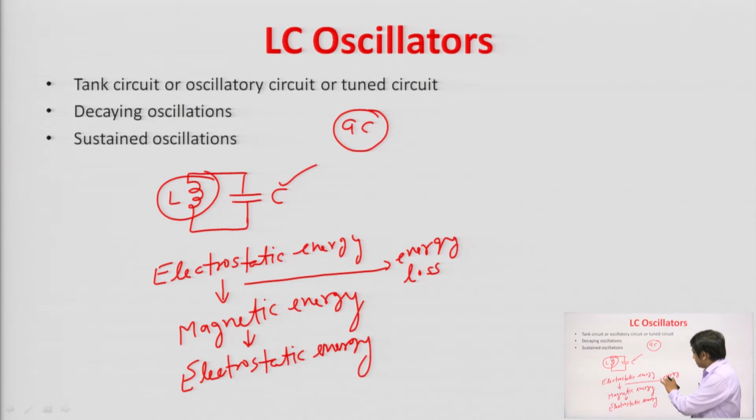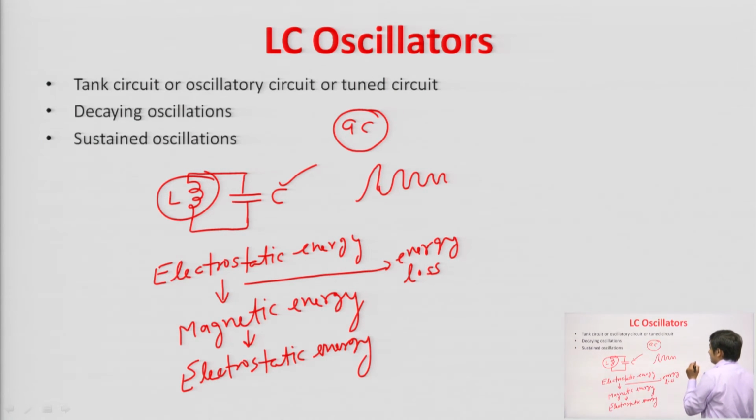Each time, there will be energy loss. Then what will happen? For example, if we are getting oscillations like this, the energy will keep losing.